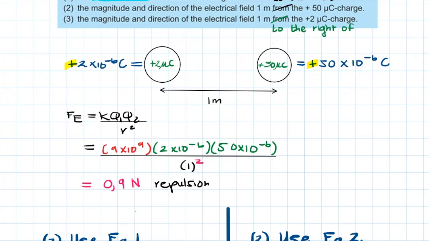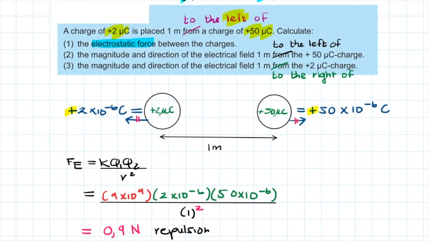We know that the positive 50 microcoulomb charge is going to be pushed to the right by the positive 2 microcoulomb charge, and that the positive 2 microcoulomb charge will be pushed to the left by the positive 50 microcoulomb charge. These forces are equal but opposite in direction according to Newton's third law.